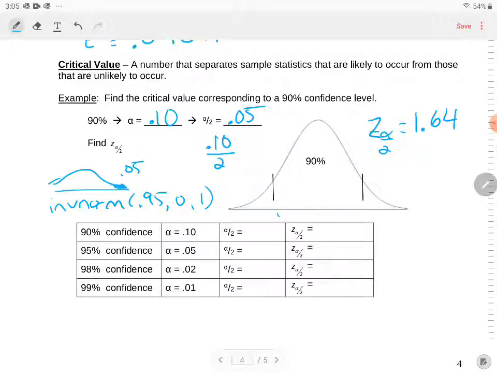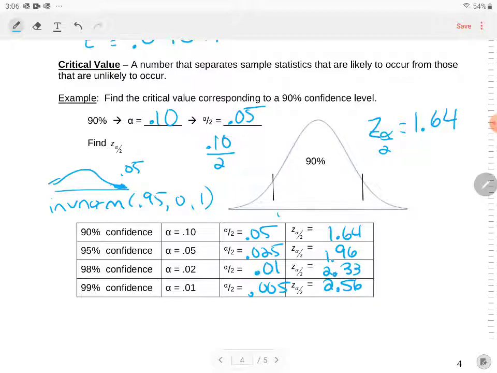So here, to get our table, we're going to divide 0.10 by 2, you get 0.05. 0.05, you get 0.025. 0.02 is 0.01. 0.01 is 0.005. Your z alpha over 2 is 1.64, 1.96, 2.33, and 2.58.